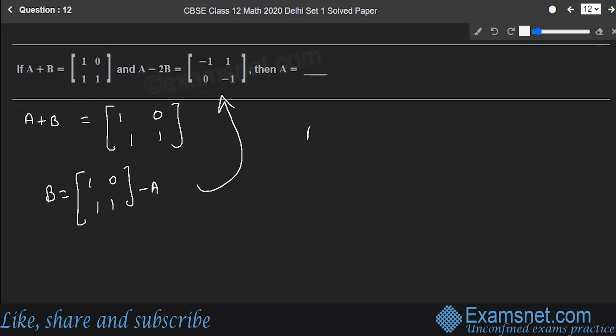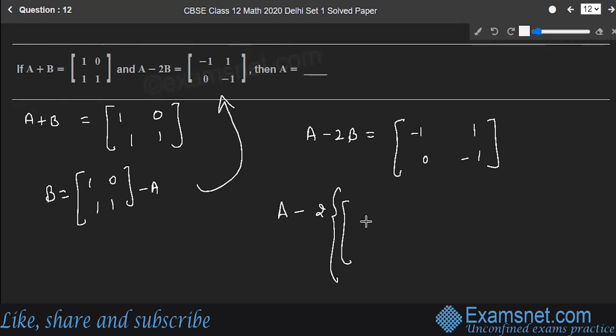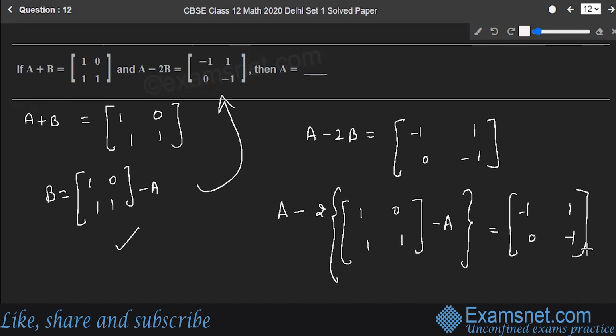So from here you have A minus 2B is equal to minus 1, 1, 0, minus 1. So A minus 2 into what is B equal to? B was equal to this 1, 0, 1, 1 minus A. Hope you understood till here.